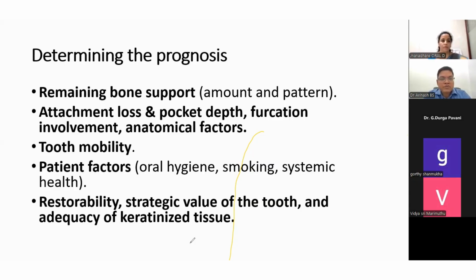All those contribute to the prognosis of the periodontal condition. Also look at the restorability, whether the tooth has caries, root caries, whether we can place a crown. All these factors become important along with the adequacy of the keratinized tissue.